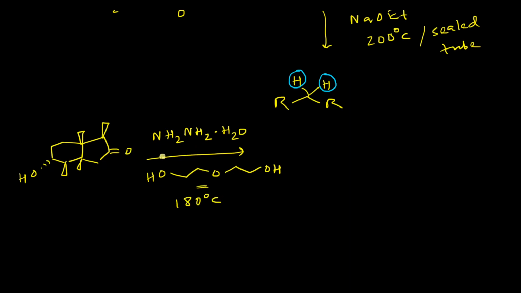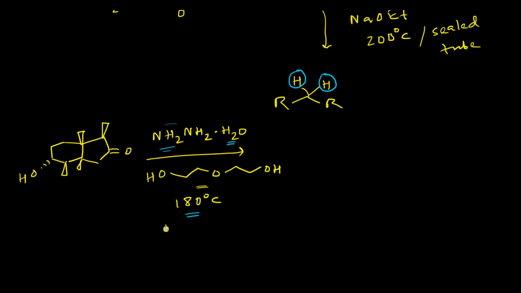So the hydrazone formation is done at 180 degrees centigrade, and after the hydrazone formation at this very high temperature, the unreacted hydrazine as well as water are basically low boiling compounds, and they will eventually evaporate from the system.